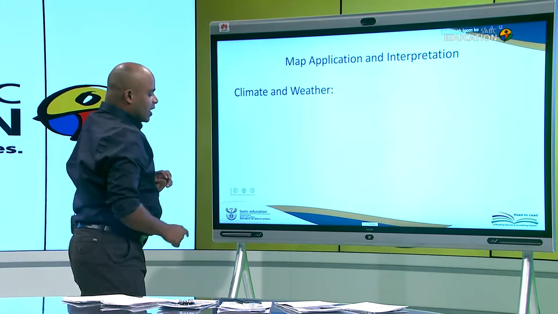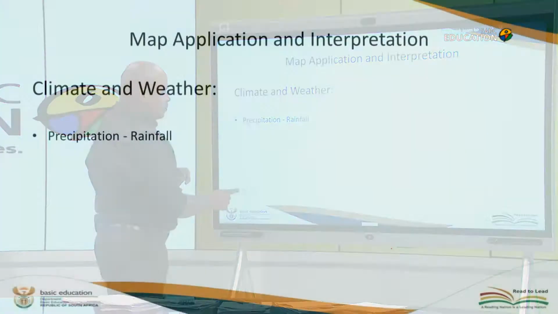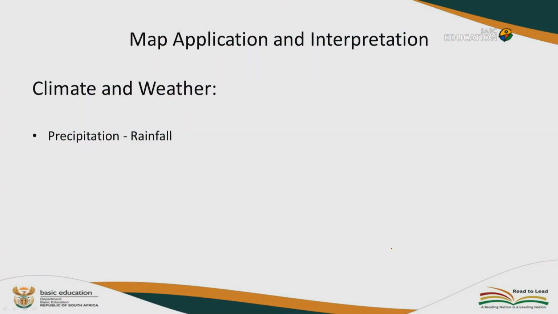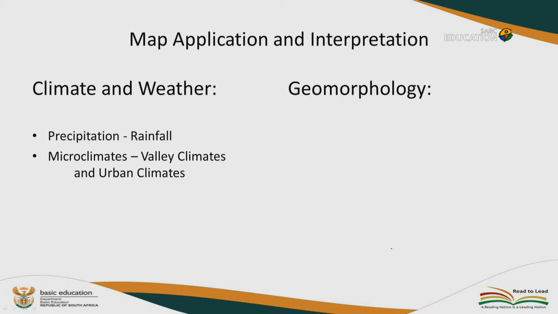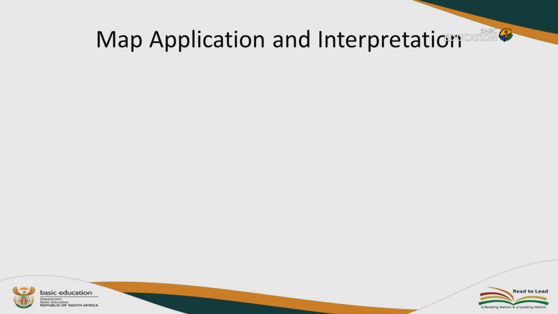So, for climate and weather, the following aspects have been examined: precipitation with a major emphasis on rainfall, and microclimates, and note only valley and urban climates have been examined, so you should be focusing on those. In geomorphology, over 2014 to 2019, the following aspects: types of rivers, the direction of stream flow, stream channel characteristics, stream channel formations, and drainage density.